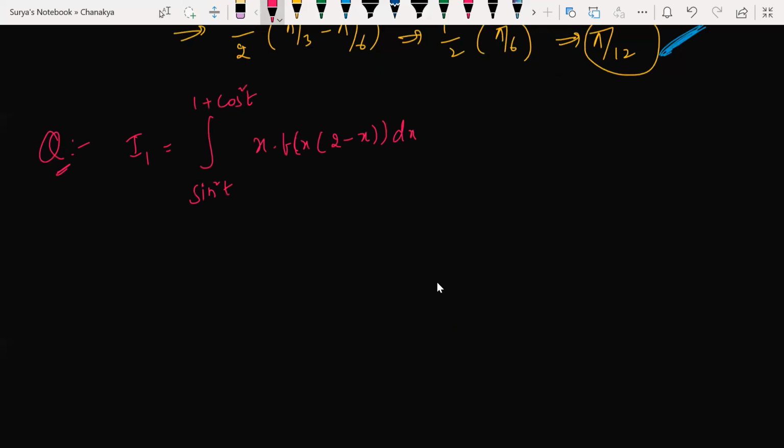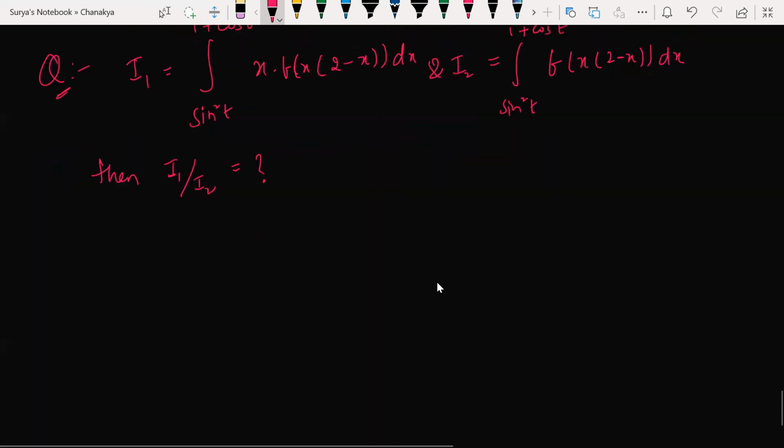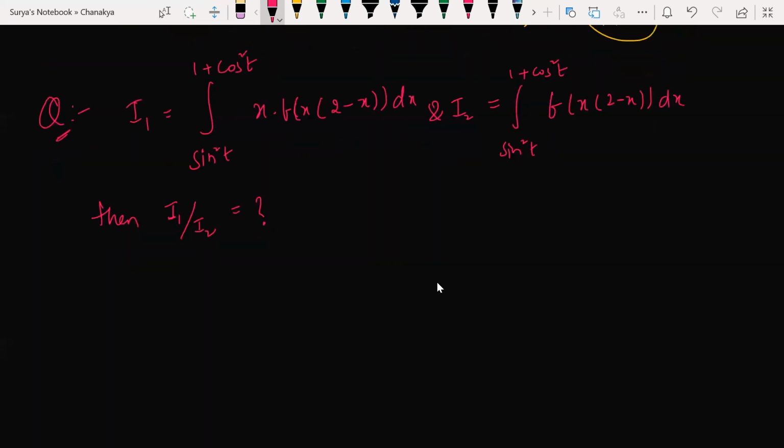And I2 is given to you, then I1 by I2 is equal to what? Option A.